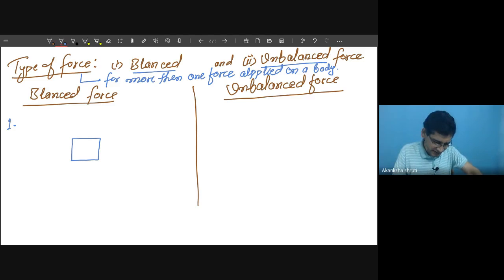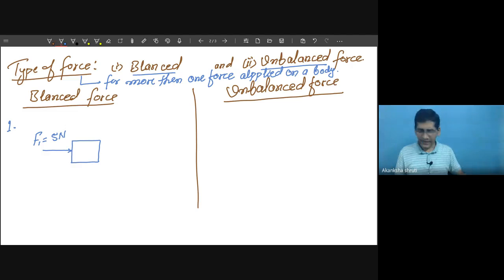Let us consider this is any object on which from left to right you are applying a force F1 equal to 5 Newton. Say this is a block which is placed on a table and one of your friends is pushing it from one side, while your other friend is pushing the same block with the same force, say F2, 5 Newton, exactly opposite to the first force. Then whether this block is able to move.